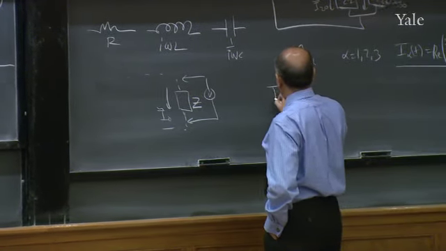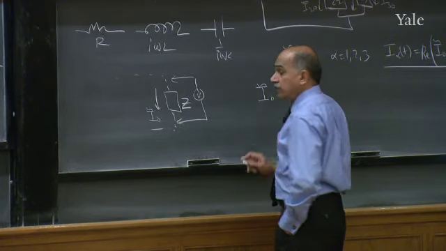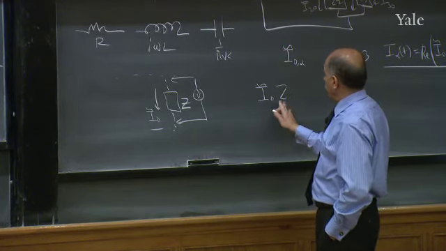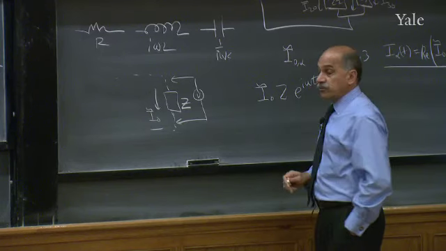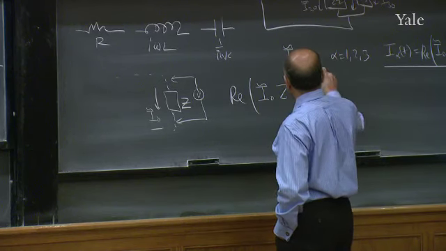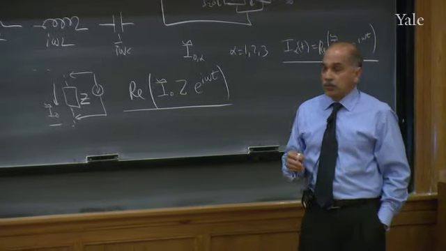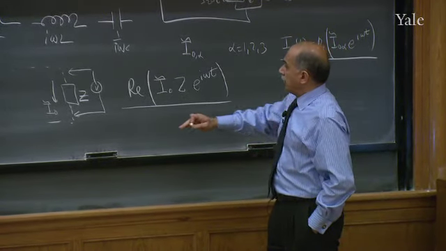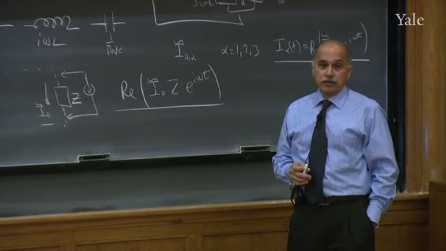The answer will be, again, I twiddle 0 times Z. That's the fake Ohm's law calculation. But you've got to remember that these all had time dependence, which I removed. Then you've got to remember that I should take the real part of the answer. That will be the actual instantaneous voltage across that circuit element at that time t.